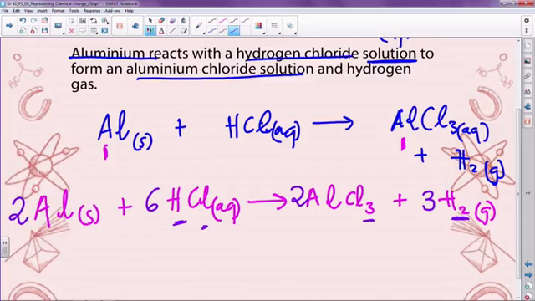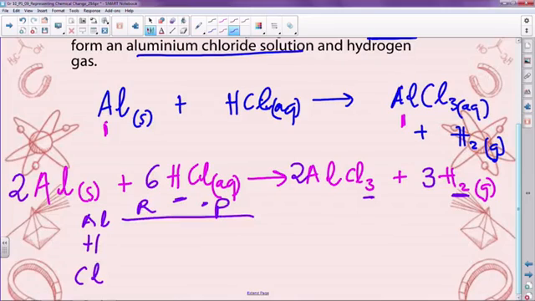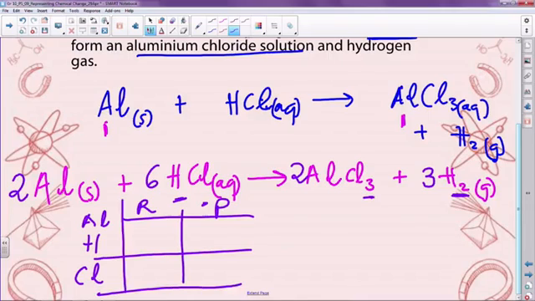So let's count the number of atoms of the elements that we have: aluminium, hydrogen and chlorine. We've got the reactants and also the products, so we're going to check if it's balanced. Let me rewrite that, because this is Al, and then that's our hydrogen.